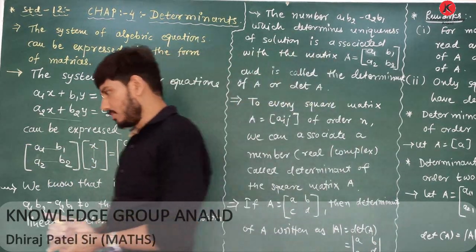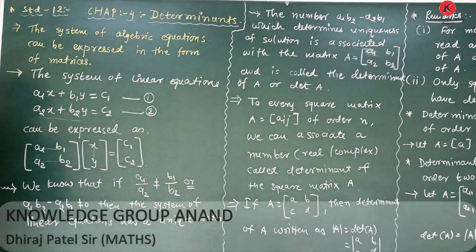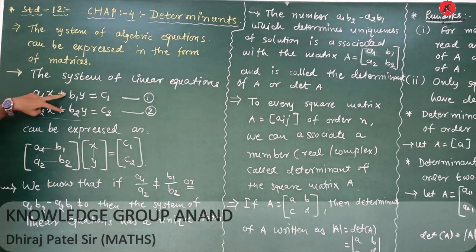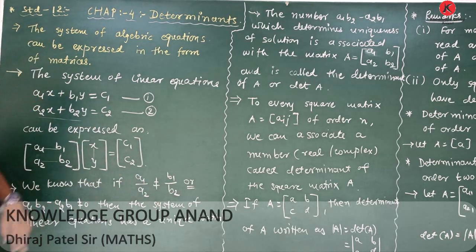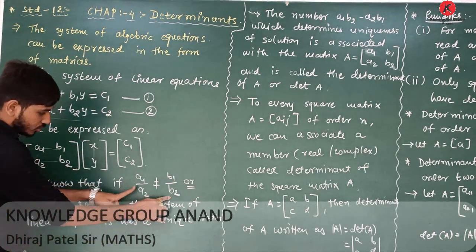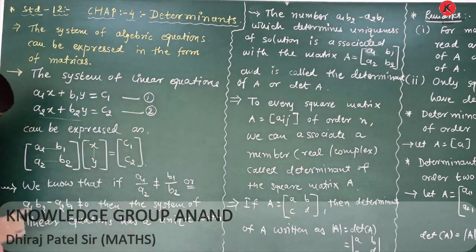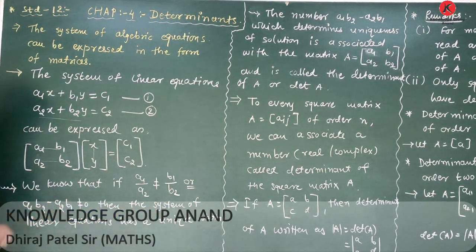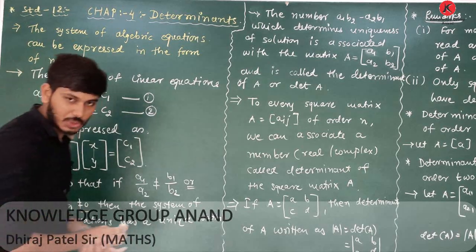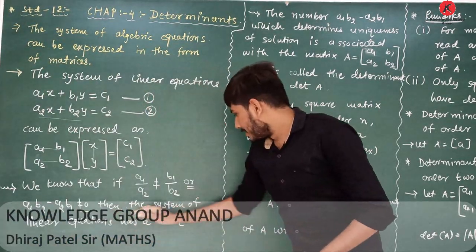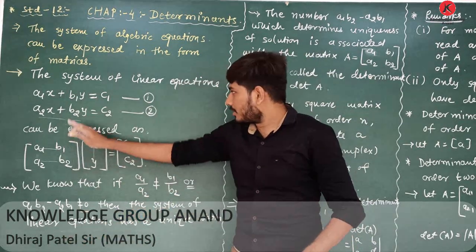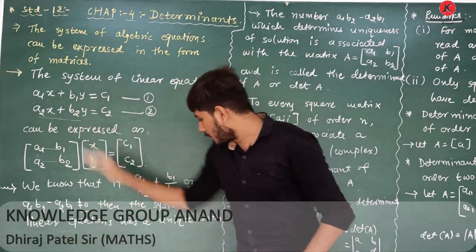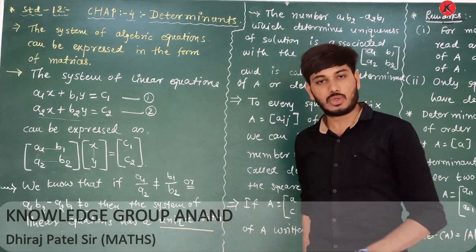Now you have studied that in standard 10. We know that if a1 divided by a2 does not equal b1 divided by b2, or we can say that a1 b2 minus a2 b1 does not equal 0, then the system of linear equations has unique solution.